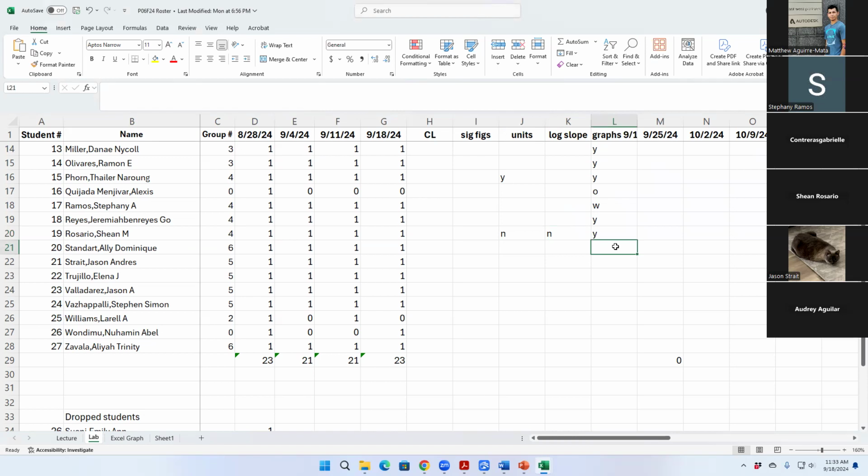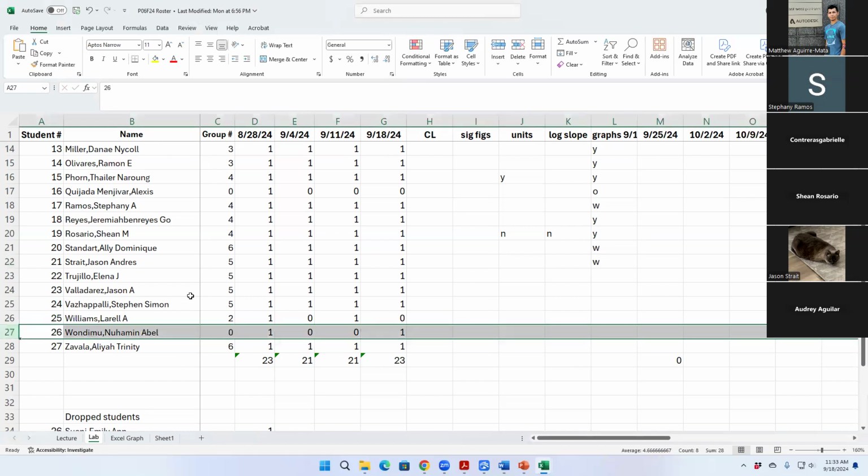Graphs, slope, and units. Did you manage to do that, Ali? Working on them, okay. So priority, don't forget the priority are the graphs, right? And the JSON. Did you? I'm working on them. You're working on them? Yes. Okay, it looks like I just noticed that there is a student that doesn't have a group, right? Nuhamin, are you there?